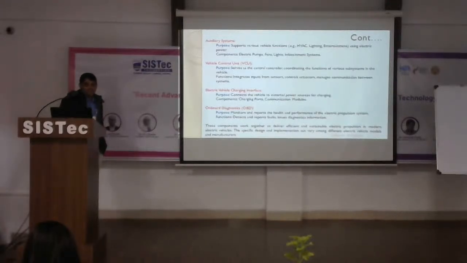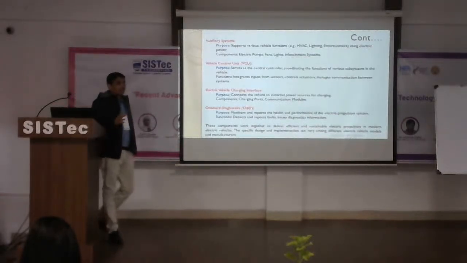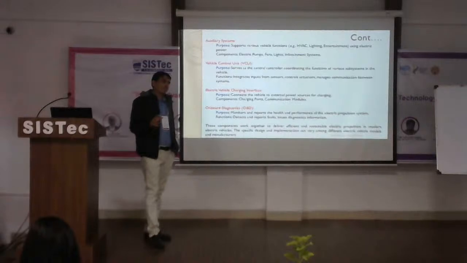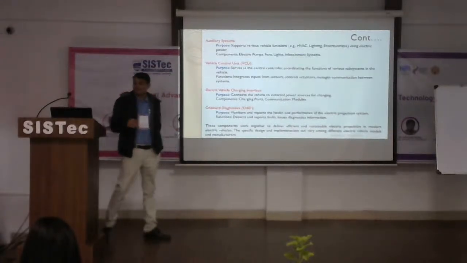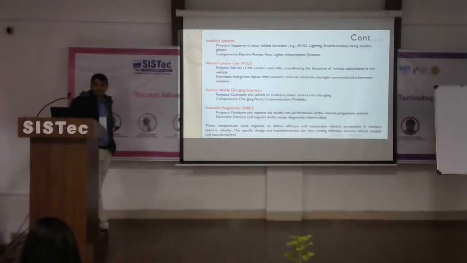Onboard diagnostic is there, which monitors and reports the health and performance of the electric propulsion system. So that is the onboard diagnosis system. It is the system which provides the information about what is going on in the EV. The onboard diagnosis system will give the information.